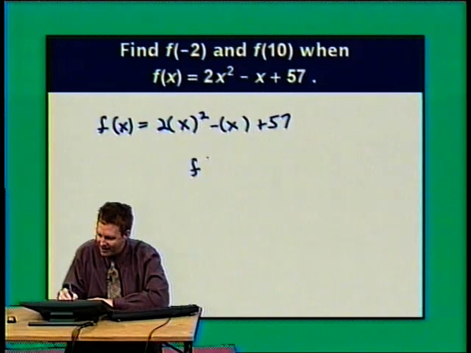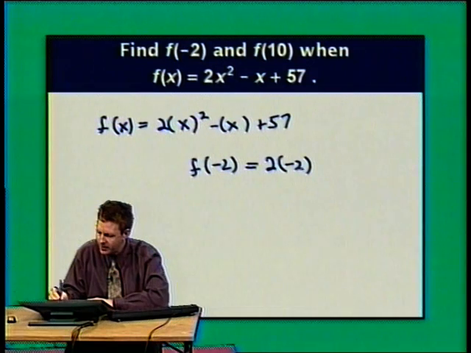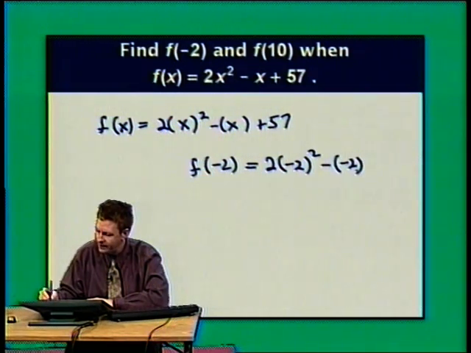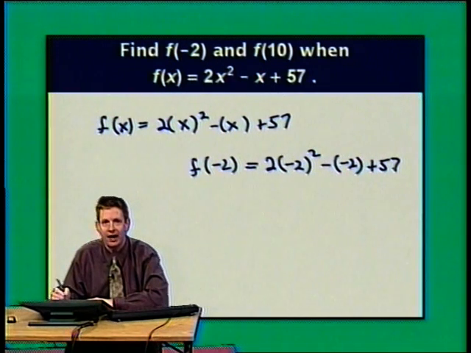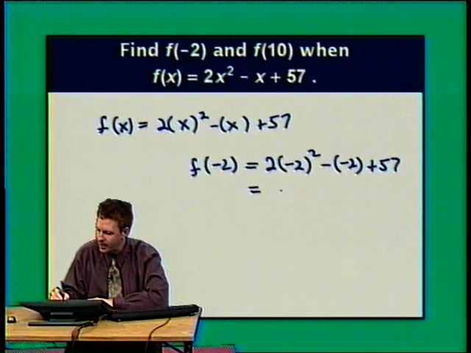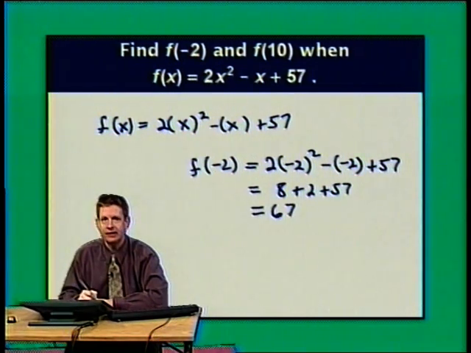So f at negative 2 is going to be 2 times the square of negative 2 minus negative 2 plus 57. Well, that's 2 times 4, which is 8, plus 2, plus 57, which is 67.